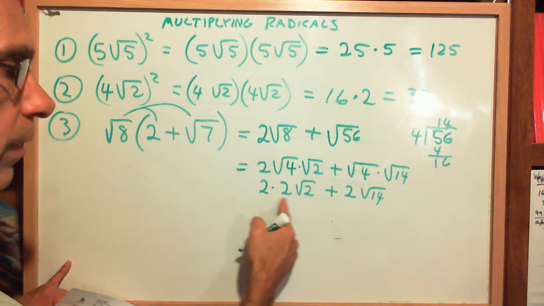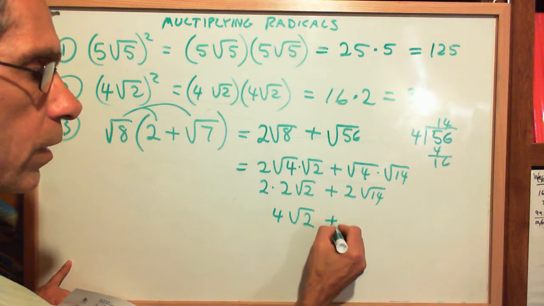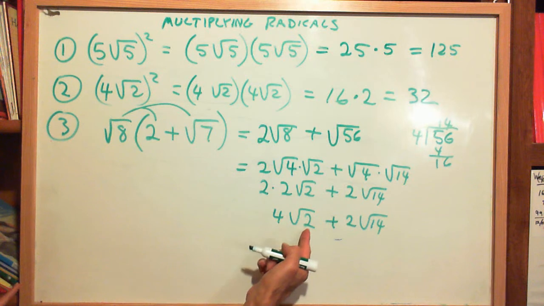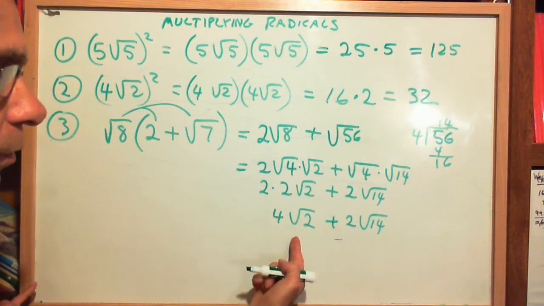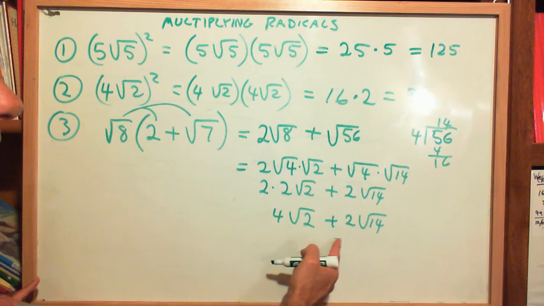Right? And then that's 4 square root of 2 plus 2 square root of 14. Now I no longer have any like terms. I'm done. That's my answer.